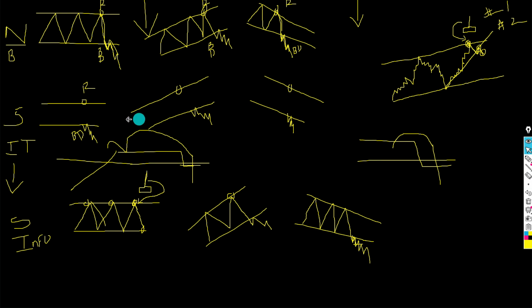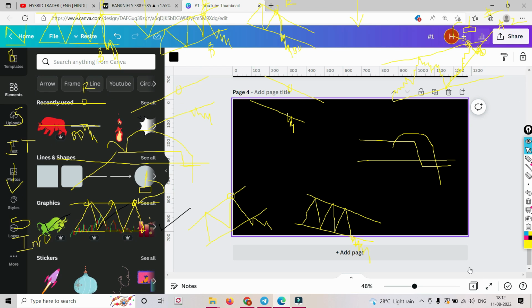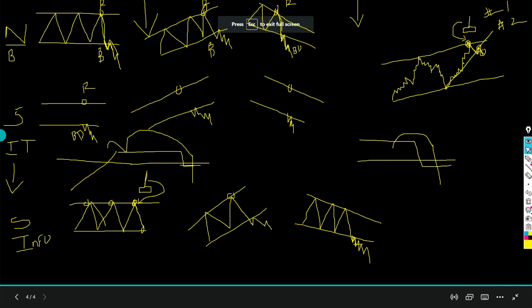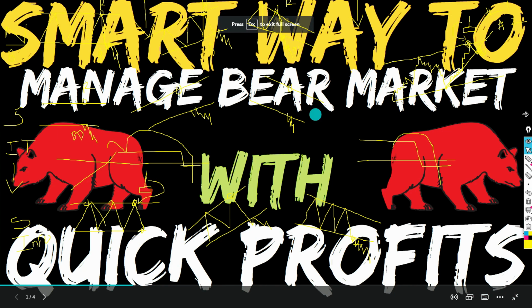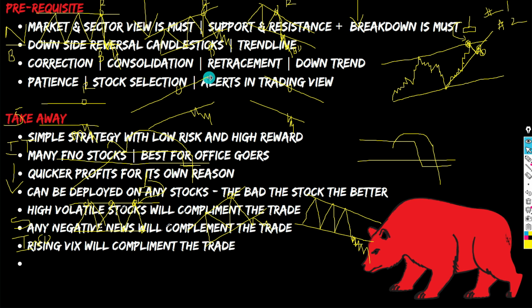And one of the important things I forgot to tell you is, friends, alerts. You have to set the alerts in TradingView. You should not be monitoring all the trades. The moment the Bank Nifty is in a downtrend, whether it is at the retracement or at the resistance, let me delete all the diagrams right now.